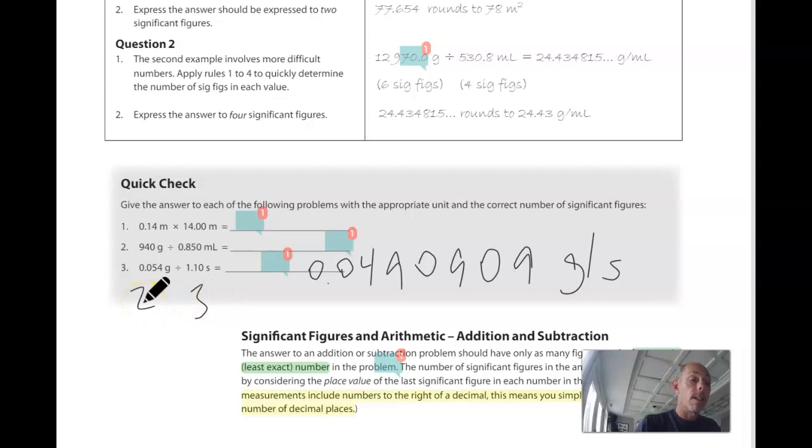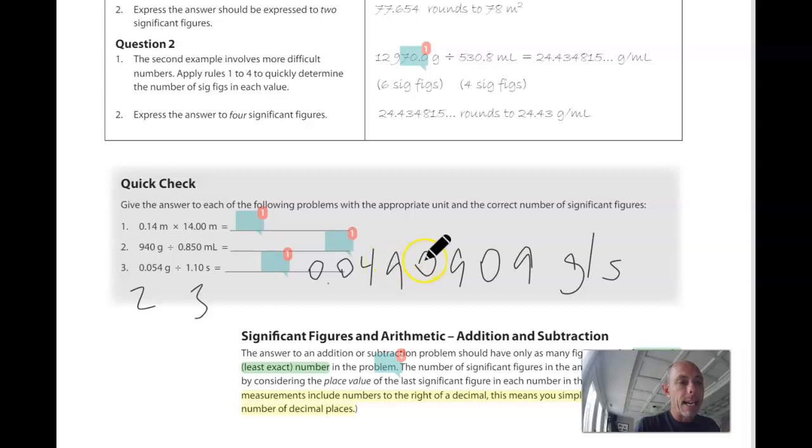2 is fewer than 3. 2 is the fewest significant figures of any number used, so I need to round my answer to two significant figures. So I work my way from left to right in the number until I get to my second and last significant figure, and that's the final one I will publish. These leading zeros are not significant, so they won't count, but I'm going to need to write them. The 4 and the 9 will be my only two significant figures.